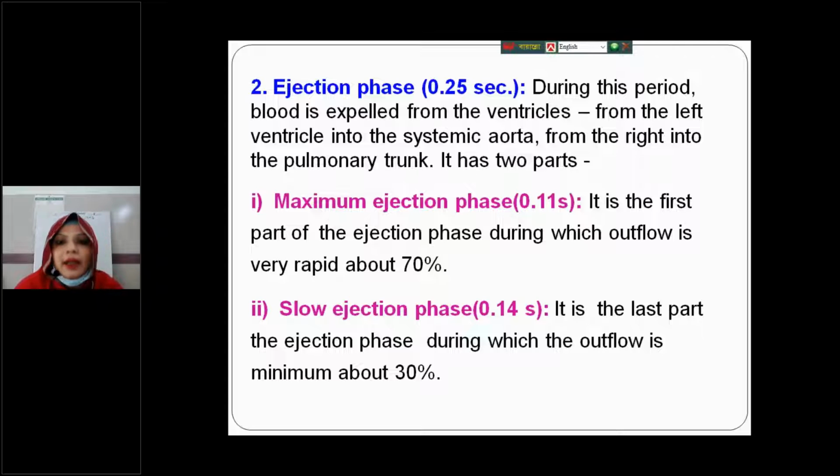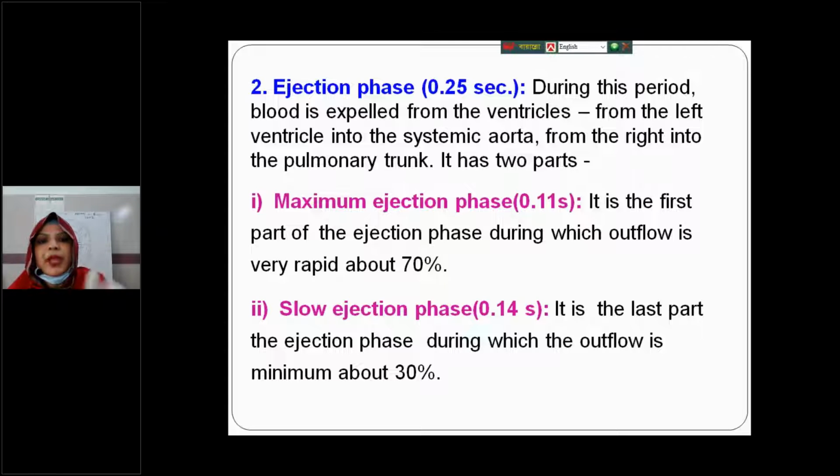Both atria and both ventricles always work simultaneously. Listen to me very carefully: ejection occurs from the left ventricle into the aorta, and from the right ventricle into the pulmonary trunk, that is the pulmonary artery.